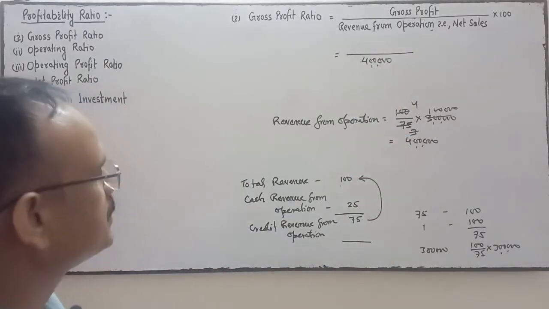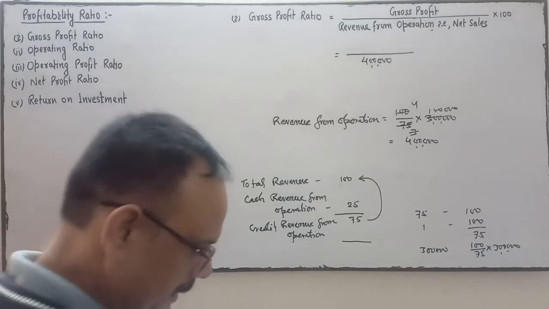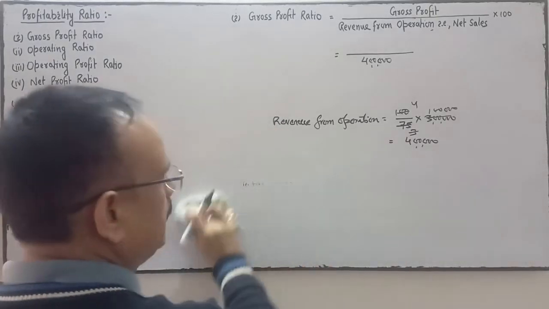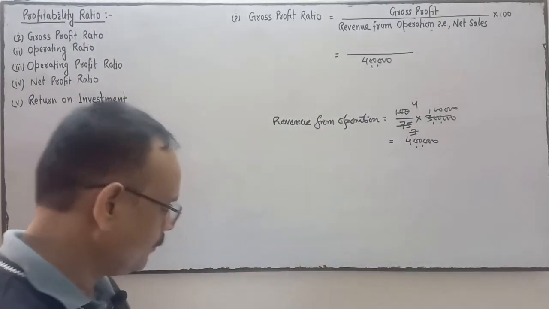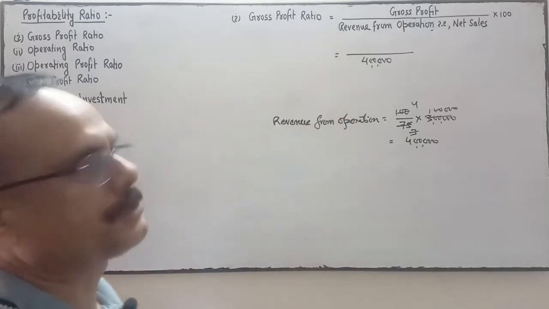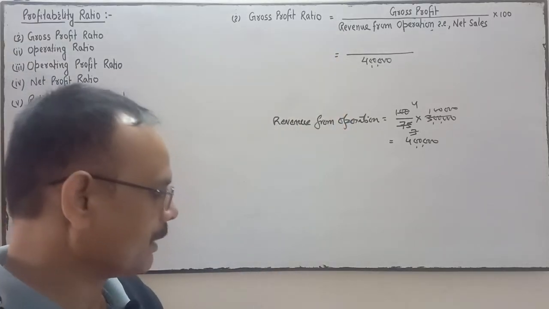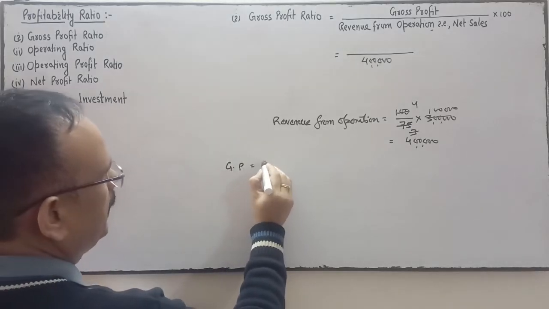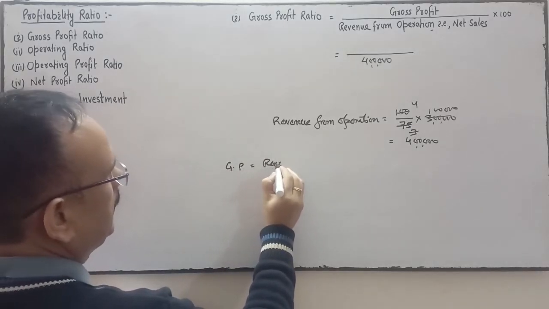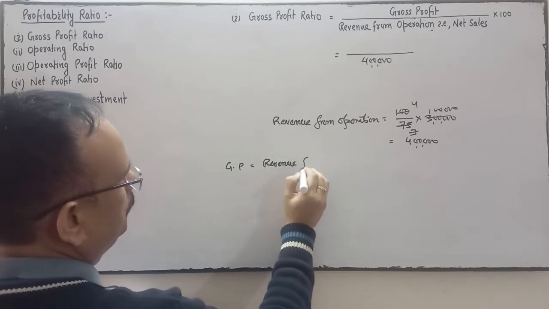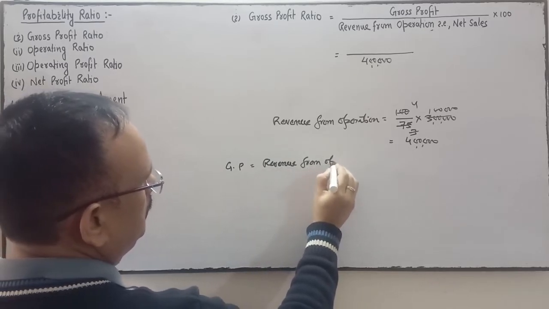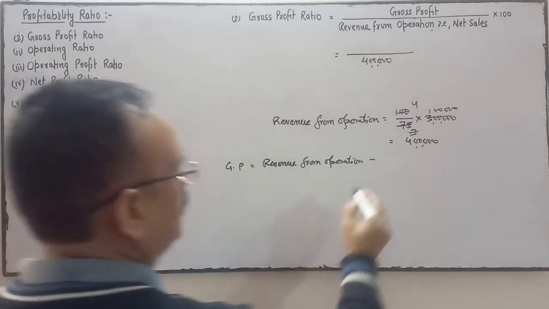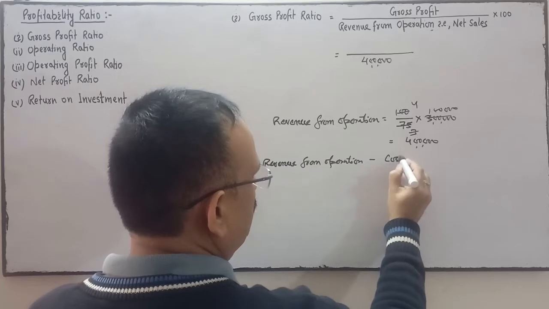Now, next information is given what? We have to find out the gross profit ratio, gross profit, but gross profit is not given. We know the gross profit is equal to revenue from operation minus cost of revenue from operation.